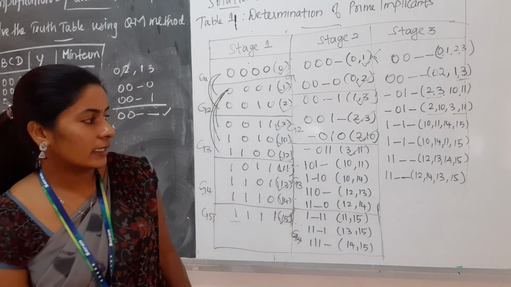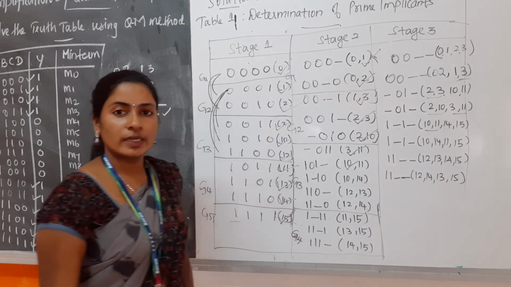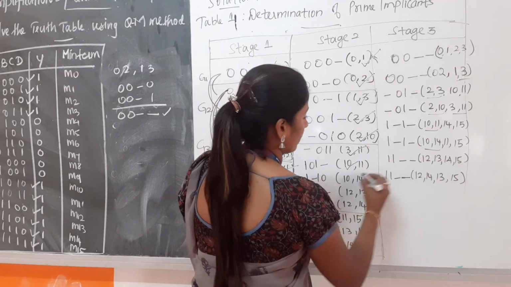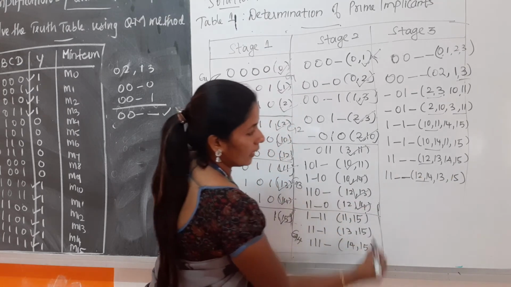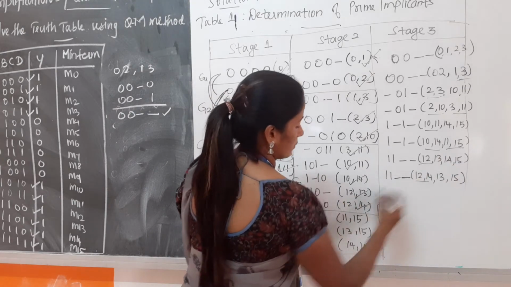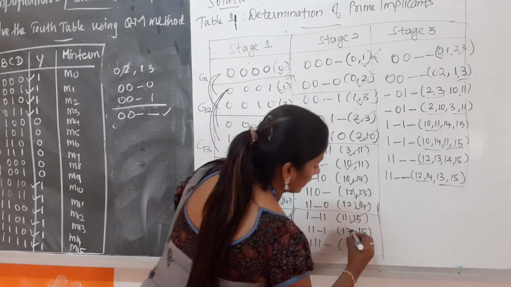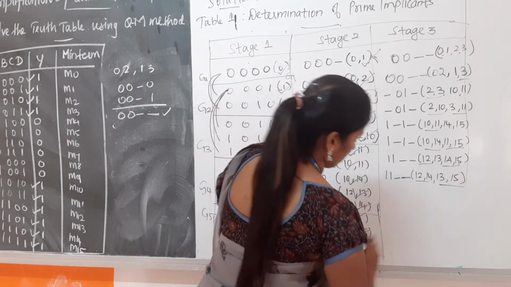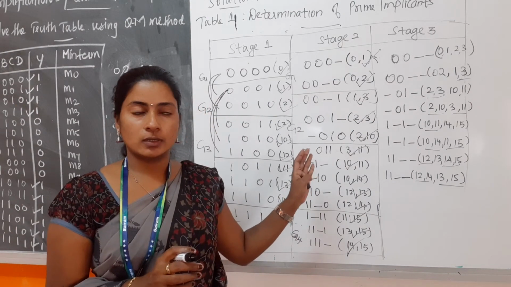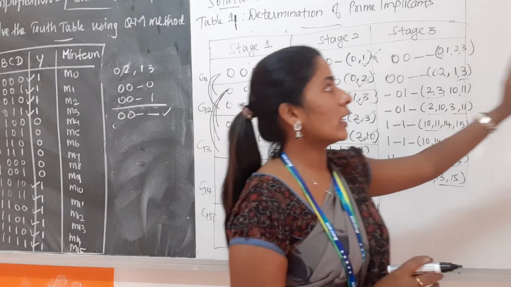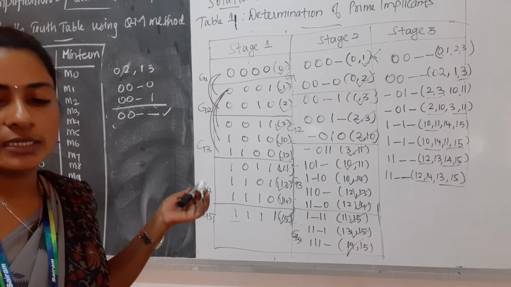Next 10 11 covered. 10 14 covered. 12 13 tick. 12 14 tick. 11 15 tick. 13 15 tick. 14 15 tick. So everything is covered. If something is not covered, it should be included in the second table. That's why this comparison is required.